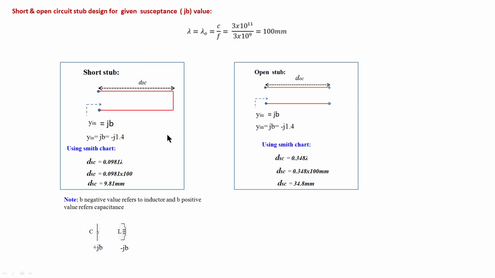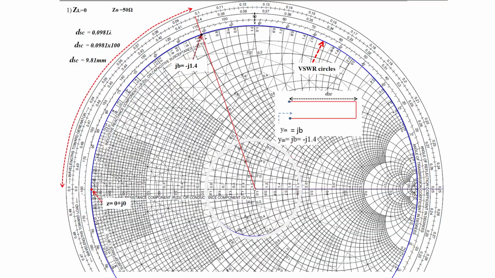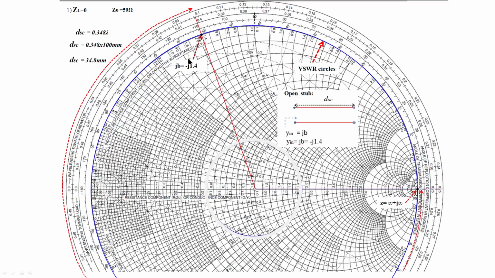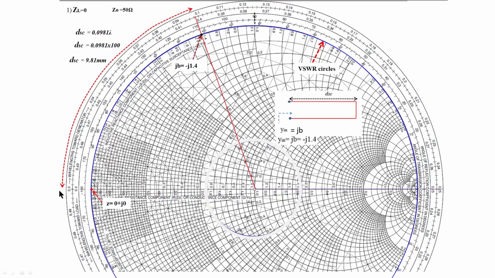In the earlier class we discussed that based on your x value, wherever your x value is there, you stop. For example, for x equal to 1, I have to stop here, pass a line through this point to intersect the wavelength scale, and measure the distance to get a particular value of x.